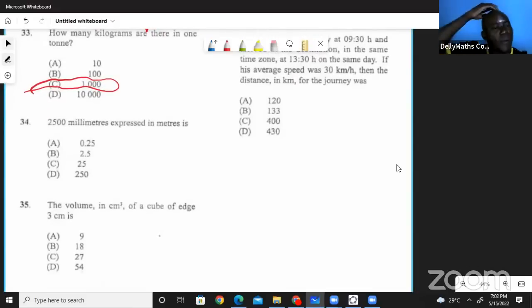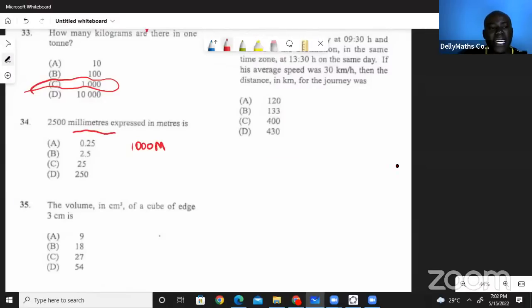Going to number 34. 2,500 millimeters expressed in meters. Remember that it takes 1,000 millimeters to give 1 meter. So we're talking about 2,500 millimeters expressed in meters. It's 1,000 to 1.